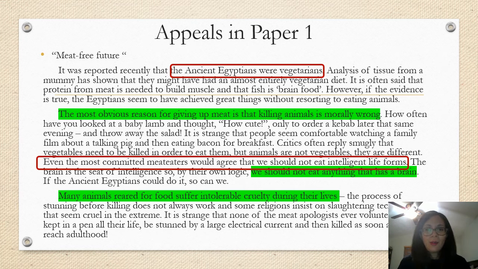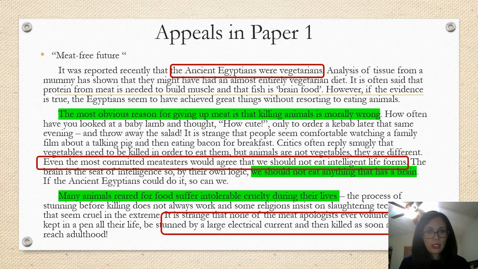And in the third body paragraph, it gets a little more intense. He's talking about, it is strange that none of the meat apologists ever volunteered to be kept in a pen all their life, to be stunned by a large electrical current and then killed as soon as they reach adulthood. Notice the language gets more loaded, it's more vivid in its descriptions. It wants me to feel terrible that I would eat something that had to endure all of that. So that's appeal to pity.